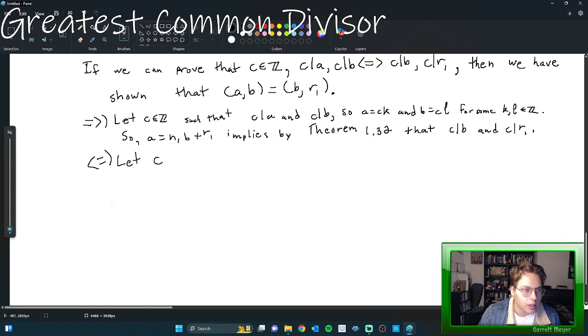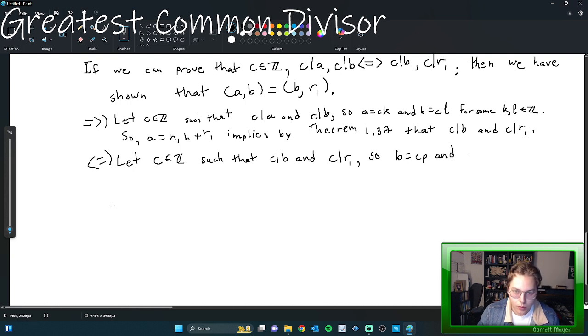Let c be an integer such that c divides b and c divides r1, so b equals cp, r1 equals cq for some p, q in the set of all integers.